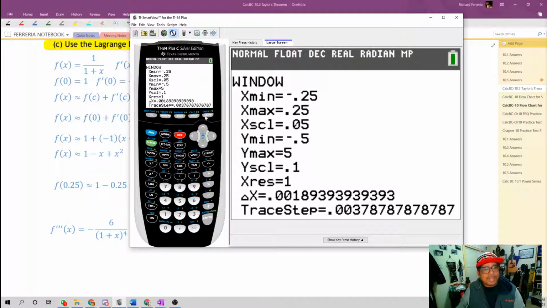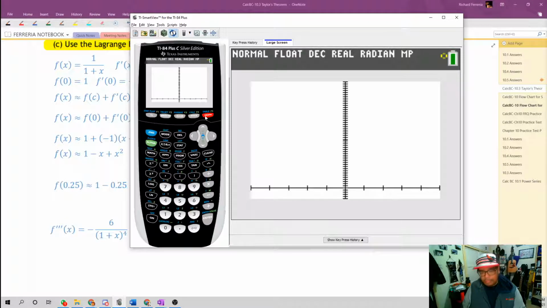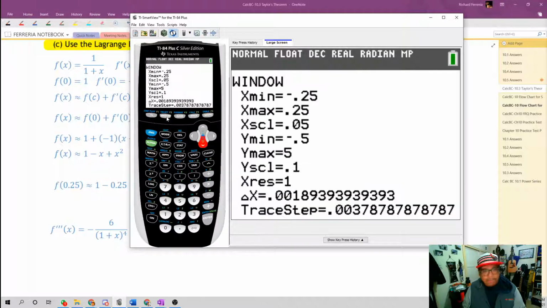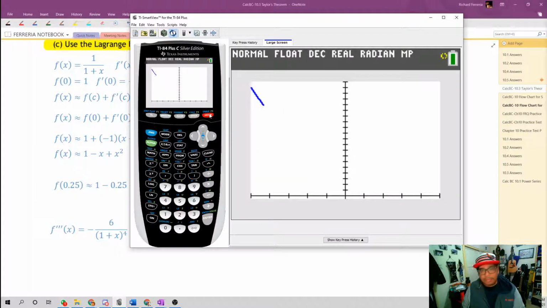Let's see if this does anything for us. And yeah, I'm guessing that I need to go a little taller than 5. So let's move this all the way to 20. And I think my XY scale, I need to turn that into 1 again. There we go.